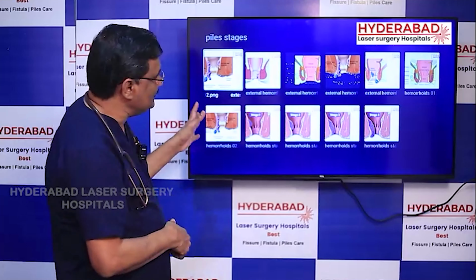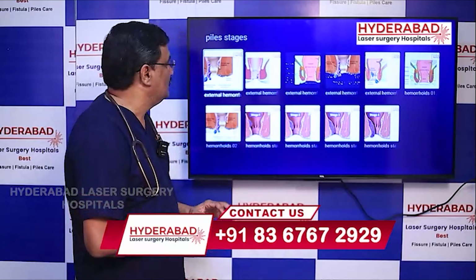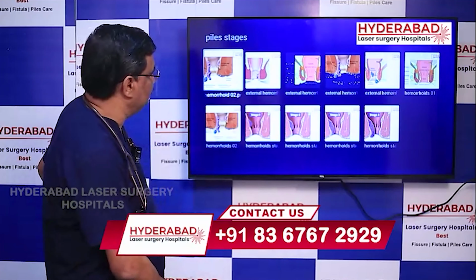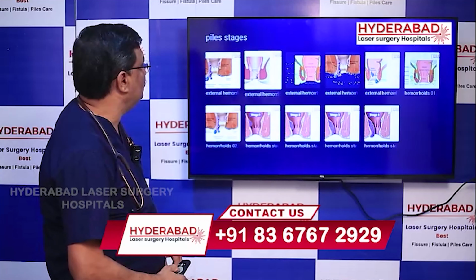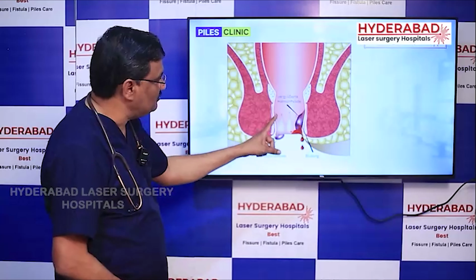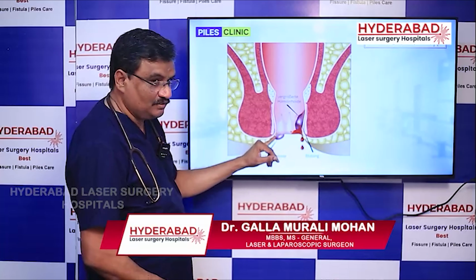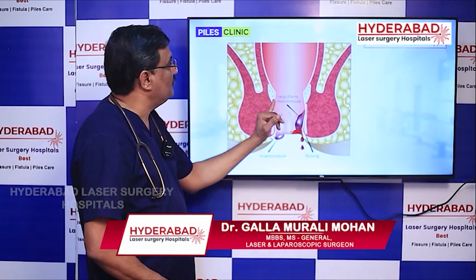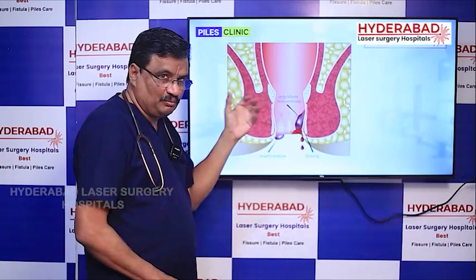Piles affect the one that is taking blood to the heart. In the bottom you have blood vessels, and they are right under the skin, and higher up, right under the covering of our bowel.